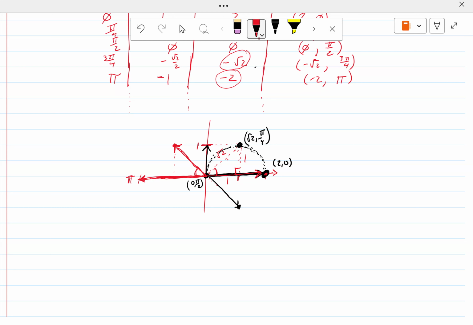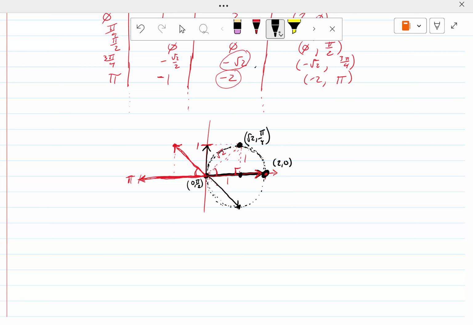Okay, and so we're going to continue the curve. And we get a circle. We get a circle of radius 1, and the diameter is along the x-axis.